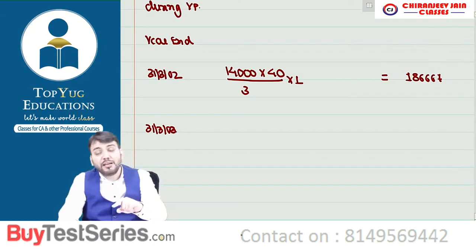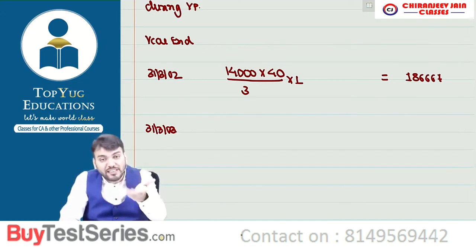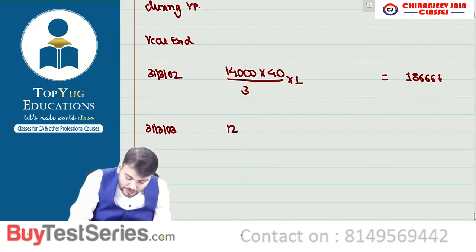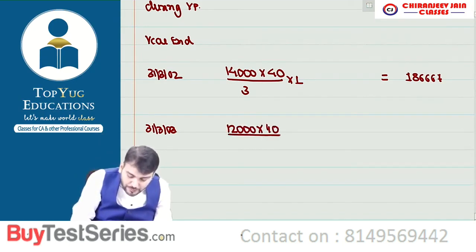Then 31st March 2003. Now how many options remain? Out of 14,000, 2,000 are cancelled. So what remains? 12,000. 12,000 into 40 divided by 3 into 2.